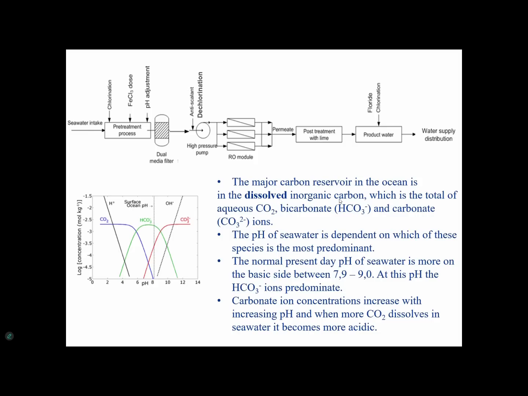A lot of people also look at CO2 nowadays because of climate change. CO2 is one of the big problems. CO2 has increased significantly over the last couple of decades or 100 years.